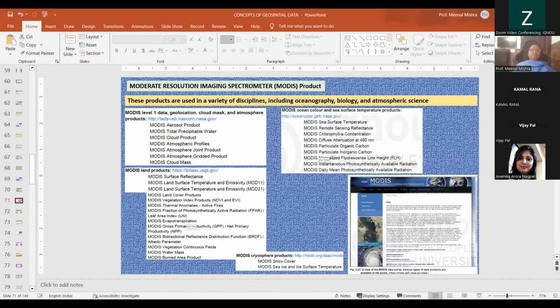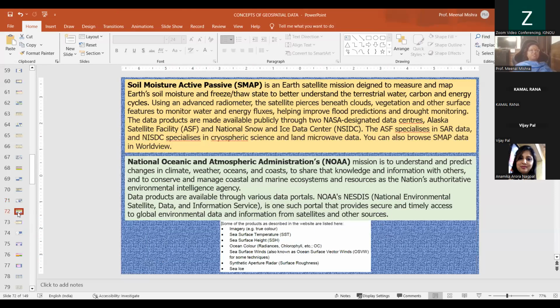You can see these products on your screen, which you can get from MODIS: cloud product and atmospheric profiles, aerosol product, and then land cover product, thermal anomalies, and leaf area index when you require it for vegetation, and then chlorophyll A concentration. So it provides varied products in various disciplines. So this is also very significant for the data.